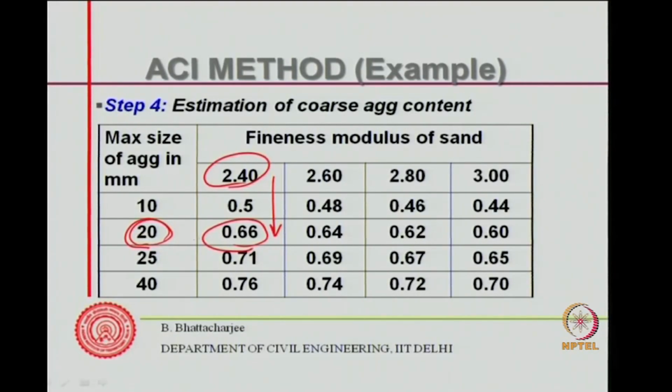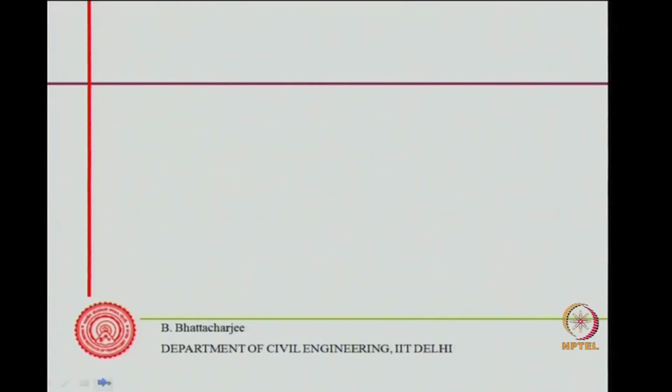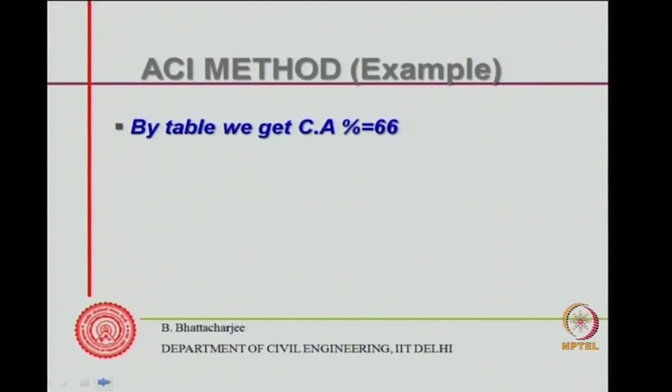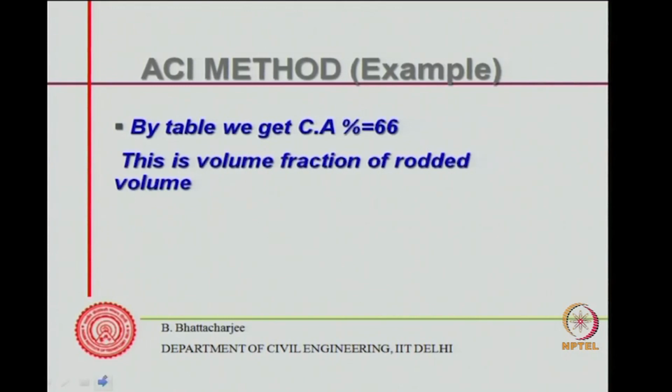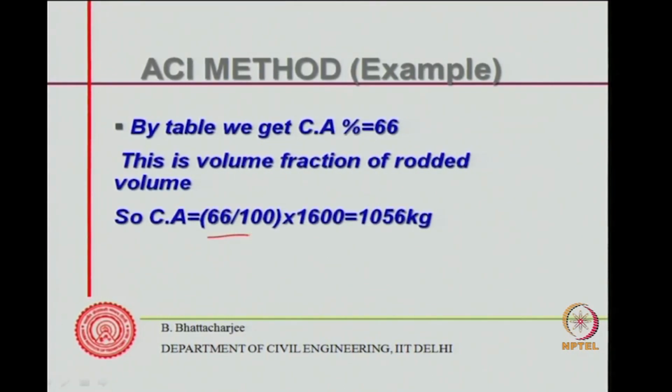Therefore 0.66 is the coarse aggregate content, and with this I can now find out the volume fraction. So, dry rodded 66% multiplied by, so this is the quantity of coarse aggregate that should be there.